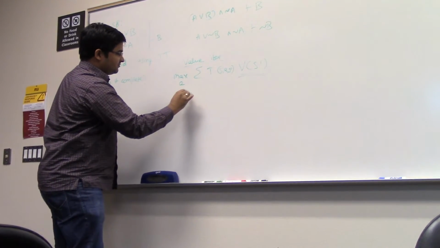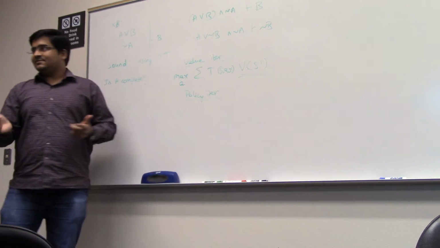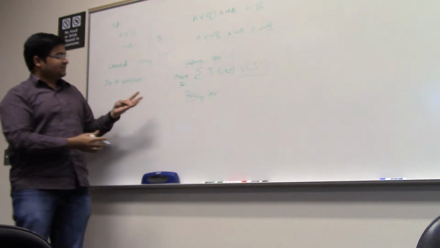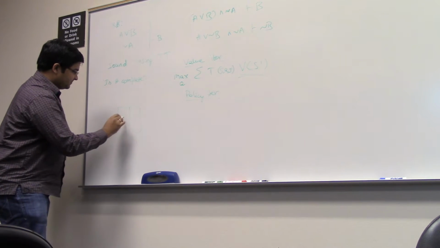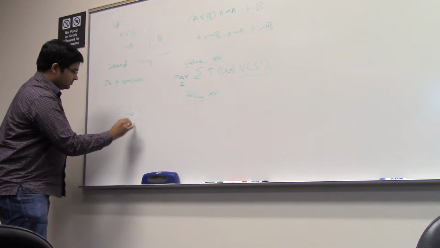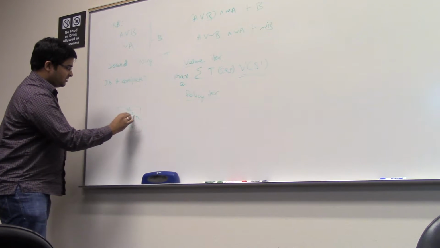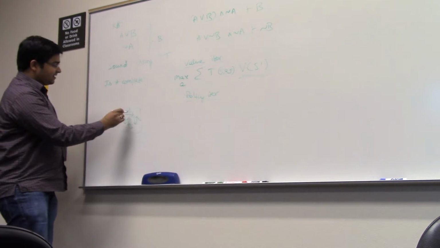In policy iteration, what you do is you start with any random policy. You assume that given some states like this, you can move like this and so on. You start with any policy. In A, I choose this action.